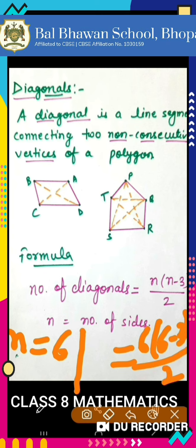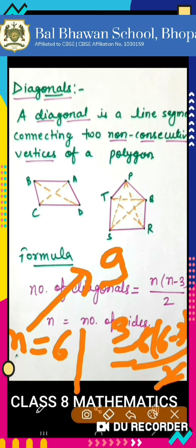This 2 will cancel, and 6 will become 3 over here. So 3 into (6 minus 3), which is 3. So 3 threes are 9. In the case of a hexagon, the diagonals are 9. Just like this, you can find the diagonals of any polygon. You can find it for a polygon having 11 sides, 12 sides, up to any number of sides.